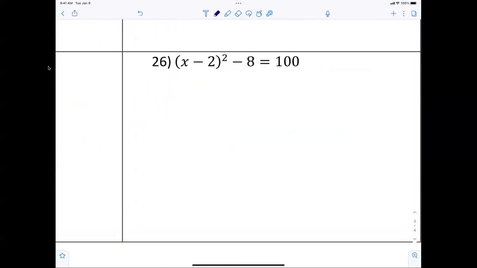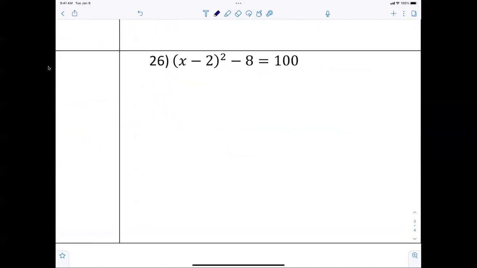All right, here we go. Same principle here. Adding 8, x minus 2 squared equals what? Now we've done the square root of 108 a bunch of times. I'm hoping everybody remembers. So it's going to be x minus 2 equals what?